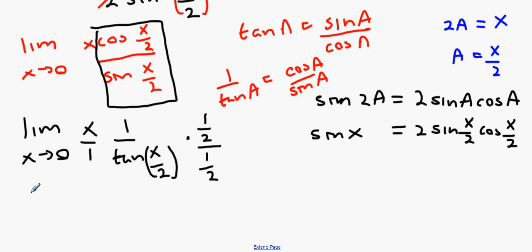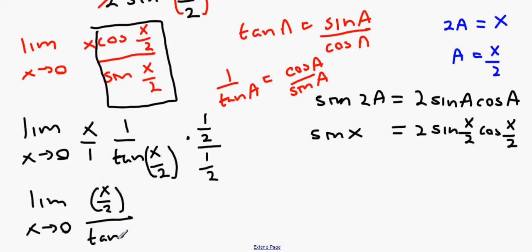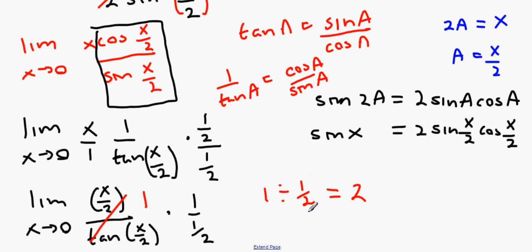So now the answer is going to be the limit as x approaches 0 of x over 2 inside the brackets over tan x over 2, and then we're going to have 1 divided by a half. Okay, the two of these will develop into a 1 as x approaches 0, and 1 divided by a half is basically the number 2, and that is the answer to that question.